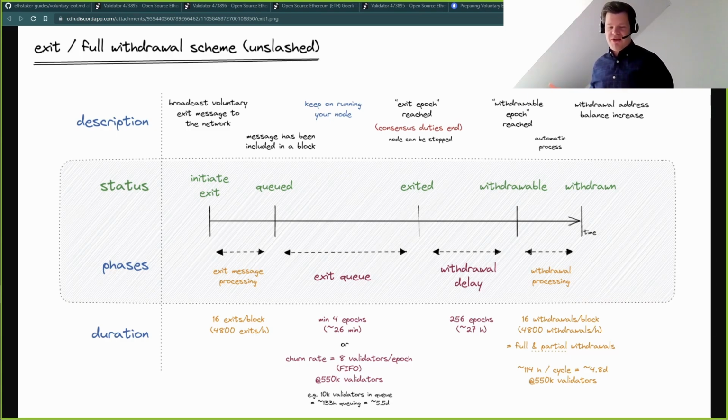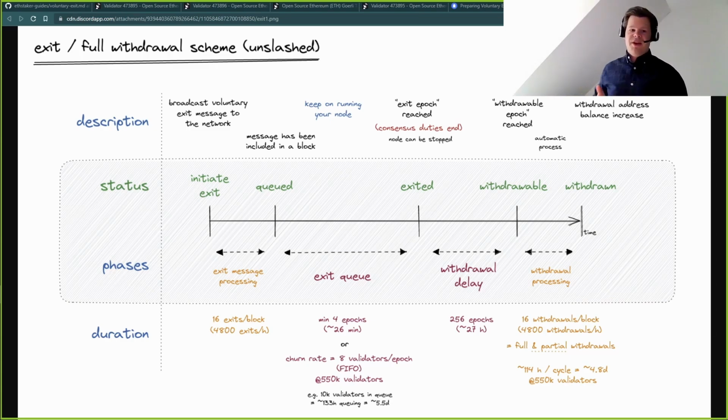And this diagram just shows what happens from here on, in terms of the stages the validator will go through. So just briefly, to highlight here, we have initiated the exit. We're waiting for it to be queued. Then we will see at some point it being exited, withdrawable, and withdrawn.